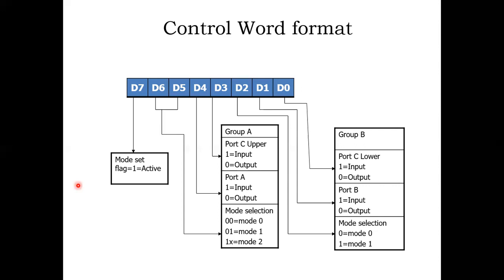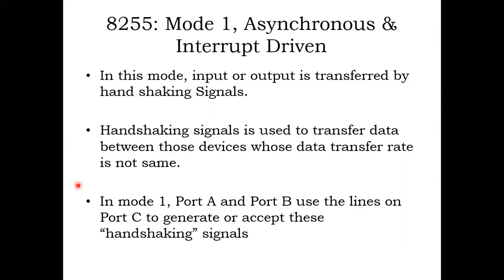Mode selection 0 0 means mode 0. 0 1 means mode 1. 1x means mode 2, that is, 1 0 or 1 1. Next, D7 selects the mode set flag: the value is equal to 1 for active. So these are the different modes.